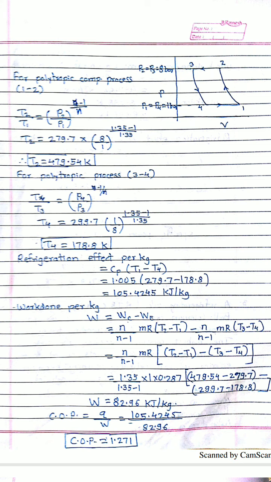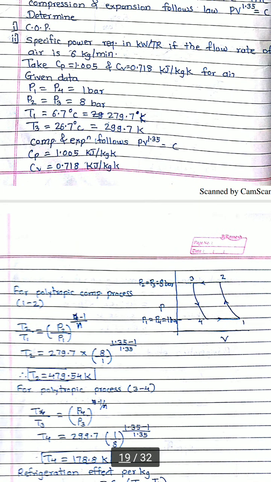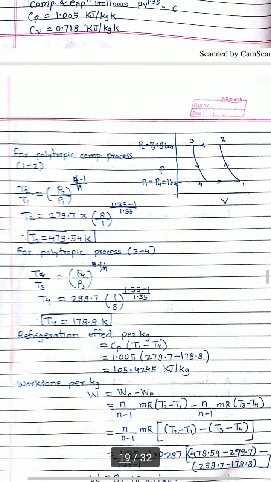So now we have to calculate the net work done. First we have to calculate the refrigeration effect. So refrigeration effect per kg is equal to, because initially the mass is not given, initially they have just asked to calculate the COP. So we have written refrigeration effect is equal to m Cp into (T1 minus T4), because refrigeration effect is observed during process 4 to 1.